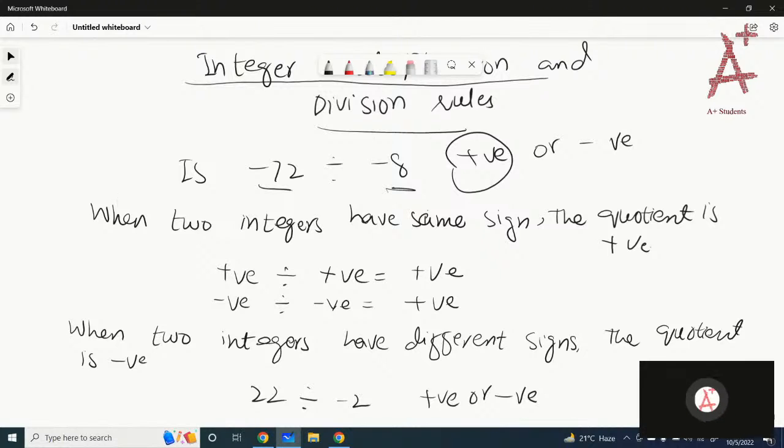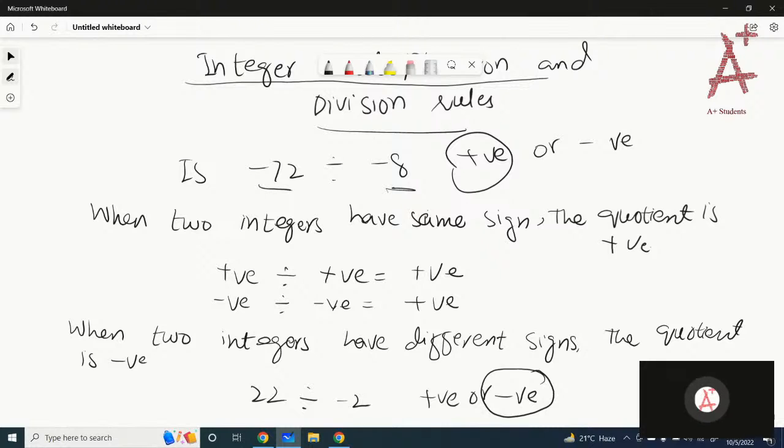It is negative because both the numbers have different signs. So when both the numbers have different signs, the answer must be negative.